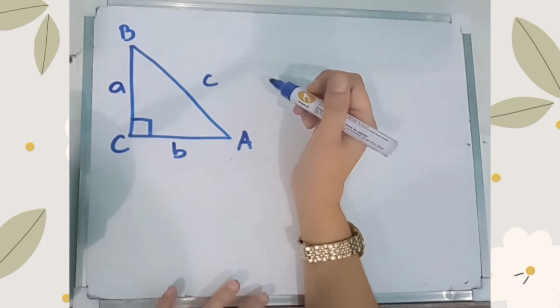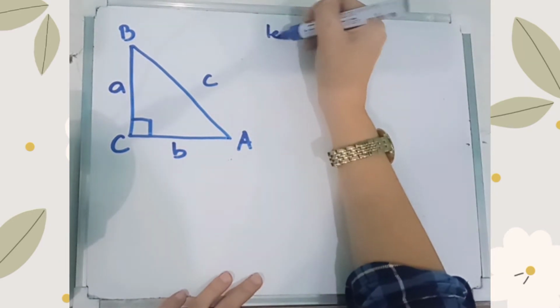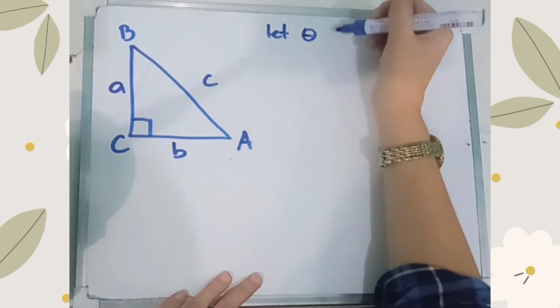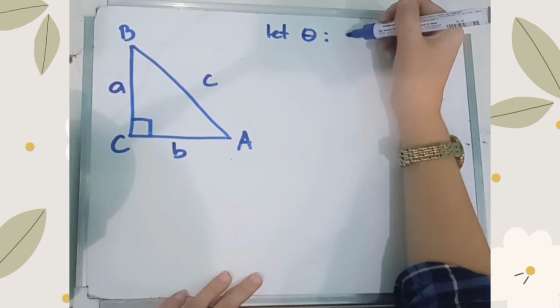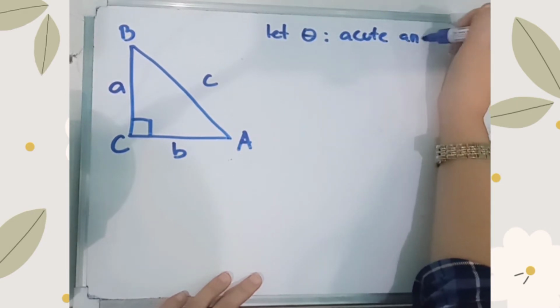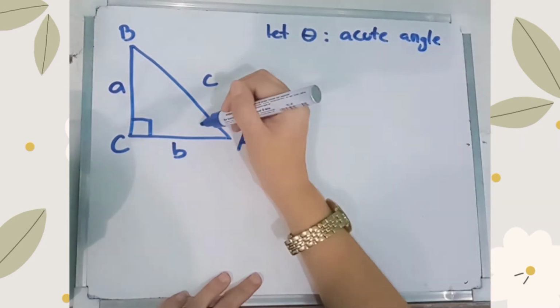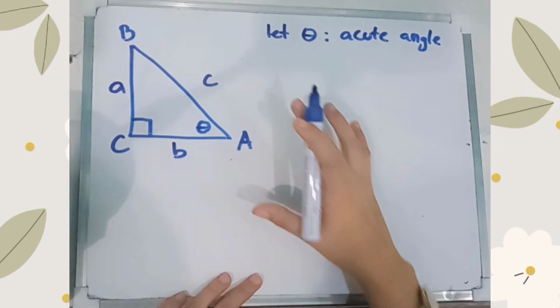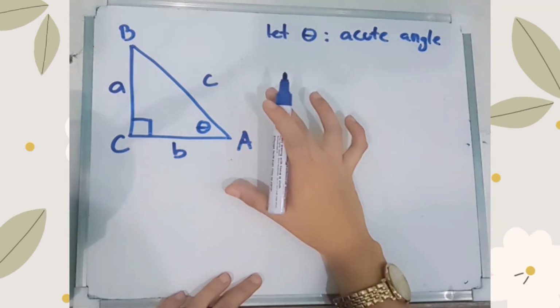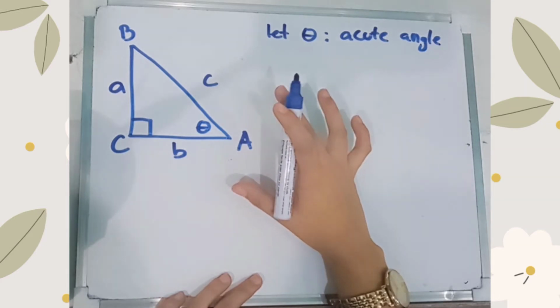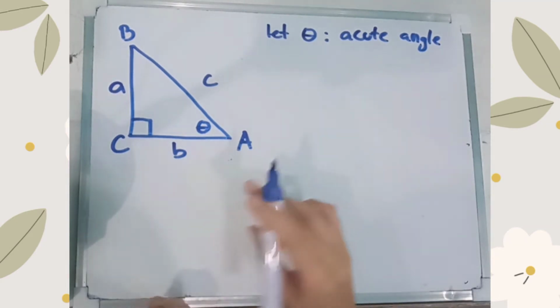Also, let angle theta be an acute angle, here. These are important so that later on we'll be able to identify the six trigonometric ratios.